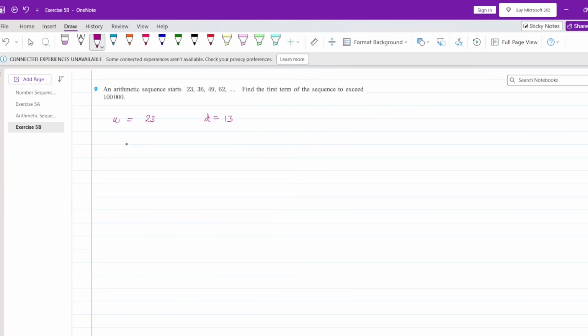Now the question is asking us the first term un that exceeds 100,000. The formula for un is u1 plus n minus 1 times d. It should be greater than 100,000. u1 is 23 plus n minus 1 times d. d is 13. Should be greater than 100,000.